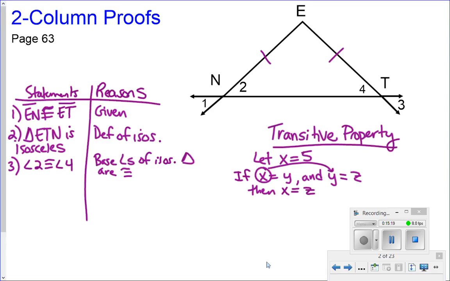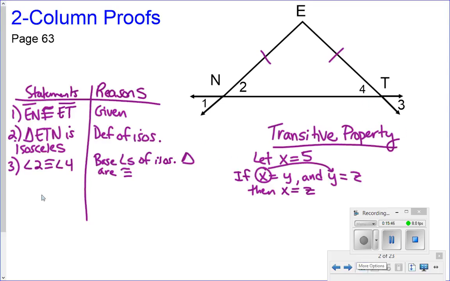So if I'm using this transitive property, x to y, y to z, then x to z, I probably want to use the second angle that was mentioned there, which would be 4. 2 to 4, if I can relate 4 to another angle, which I can, then I'll use the transitive property. So I'm not going to worry about 1 and 2 being congruent yet. I'm going to worry about 4 and 3 being congruent.